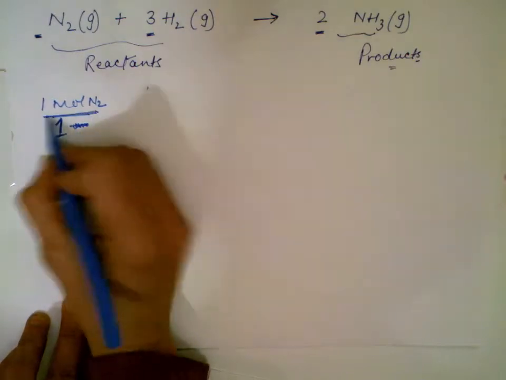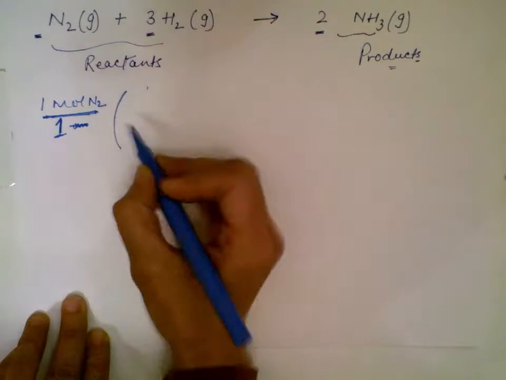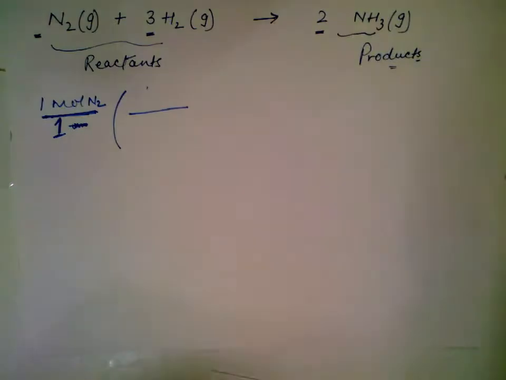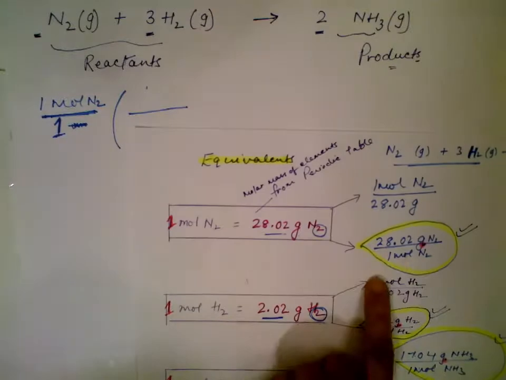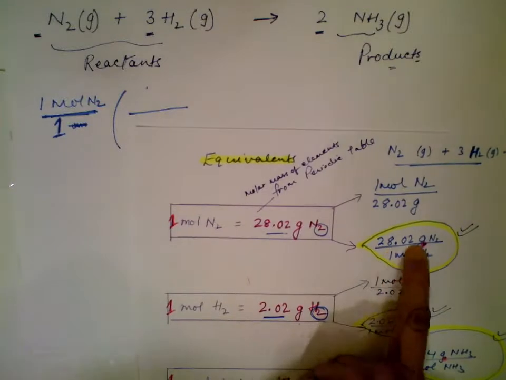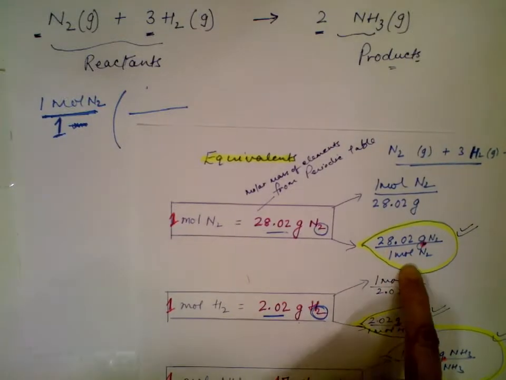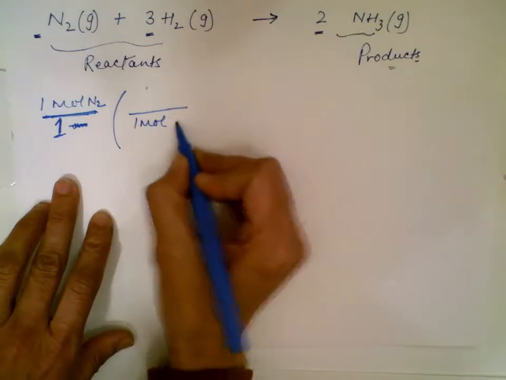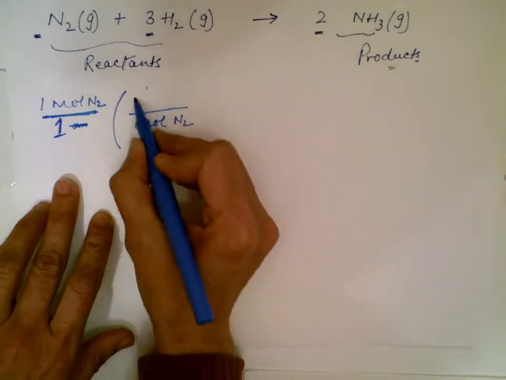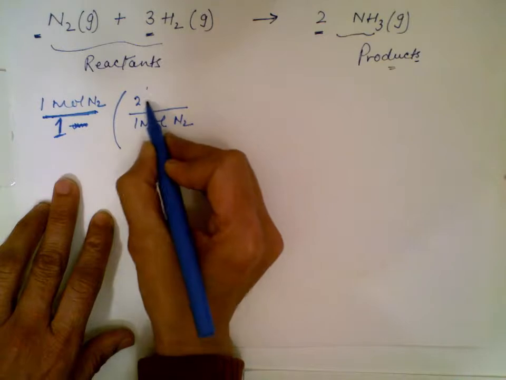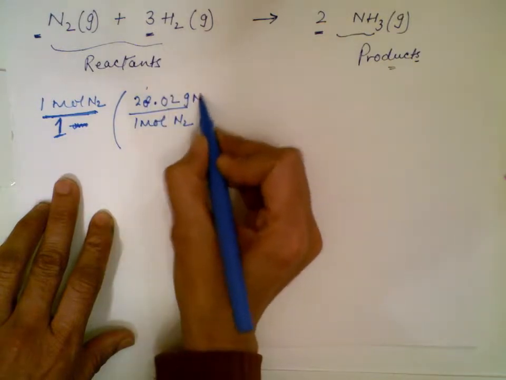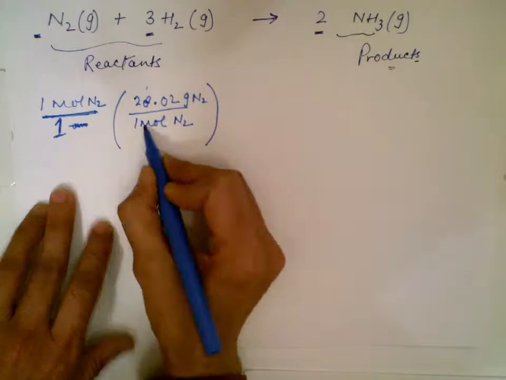It just shows that we are dealing with fractions. Times. Now I do not want moles, so when I pick the fraction, I'm going to pick the one where mass goes at the top and moles goes at the bottom. So right here, 1 mole of nitrogen molecule weighs 28.02 grams. All right, don't forget this is a nitrogen molecule.